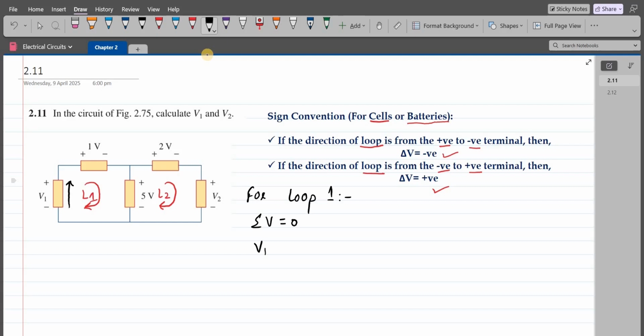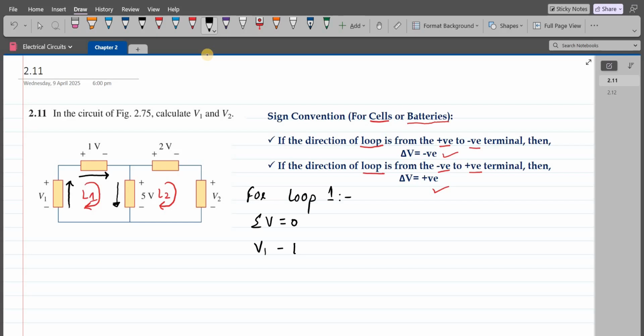The direction of the loop across 1 volt is from the positive to the negative terminal. The potential difference according to the sign convention will be taken as negative. So negative 1. Now here, since the loop is moving in the clockwise direction, the direction of the loop is from the positive to the negative terminal across 5 volts.